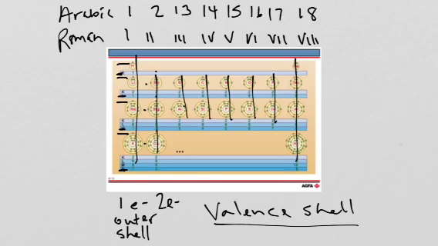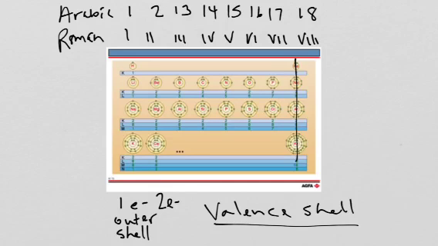Now, I want to erase some of these drawings here. We've looked at the groups. What do we notice if we read the periodic table from the left side to the right side? In period number 1, how is hydrogen different from helium?